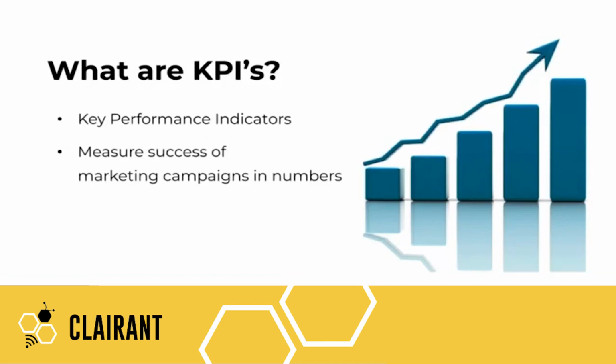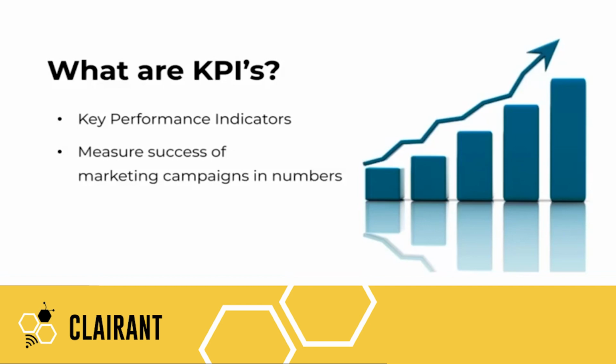Now, what are KPIs? Most of us already know that KPIs are key performance indicators. It's a way of measuring your marketing campaigns in numbers. So you know that if you are reporting on a monthly, weekly, or quarterly basis, you are either declining in your progress or improving in your progress.